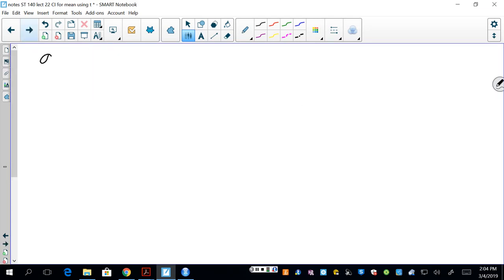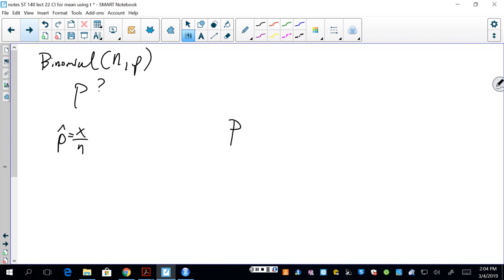So confidence intervals in a binomial setting: we're often interested in what p is, that proportion, right? In a binomial, we'll observe the sample proportion. So we will use a sample proportion plus or minus.